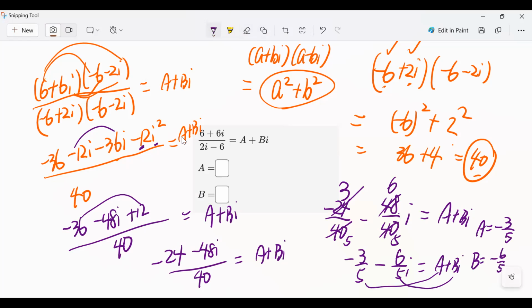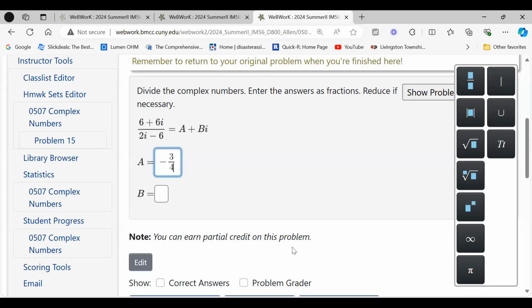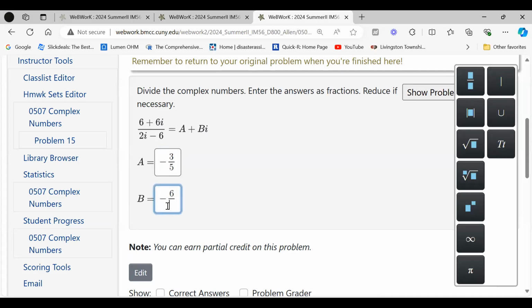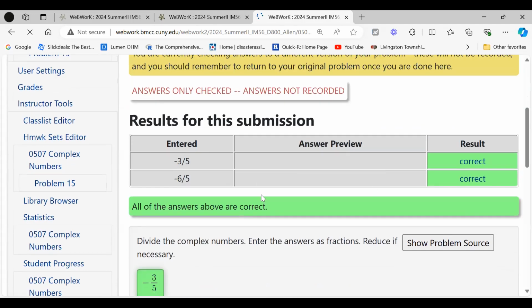That's basically the answer here. Let's go back, put in the answer and check it. Let me show you one last thing before I let you go. Check it. And both are good.